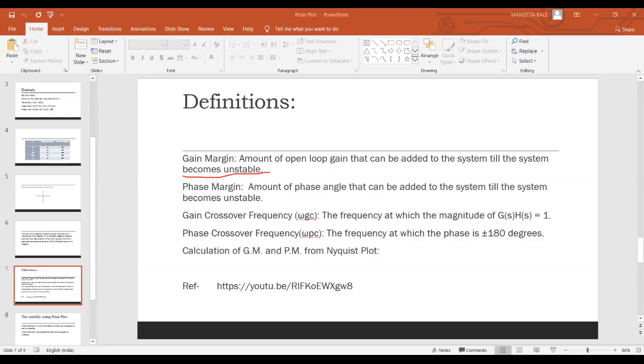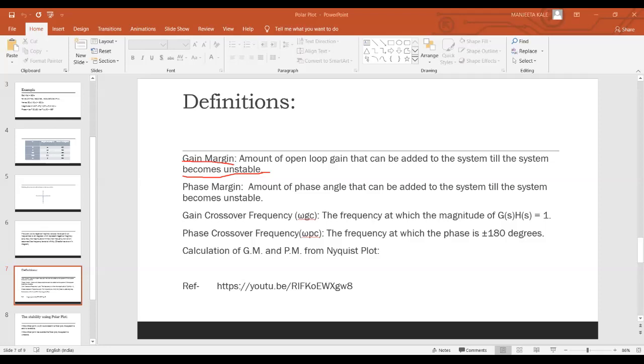So 50 to 100, that is the margin that we have that can be added to the gain. So if we take a look at the definition, amount of open loop gain that can be added to the system till the system becomes unstable is known as gain margin. Similarly, we have phase margin. Similar to gain, we can add phase also. So how much phase can be added till the system becomes unstable is nothing but phase margin.